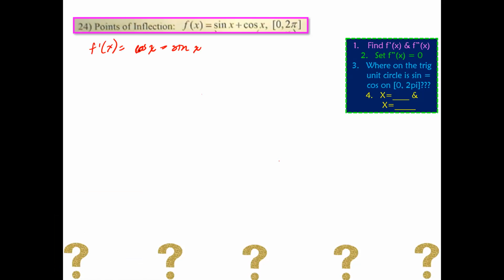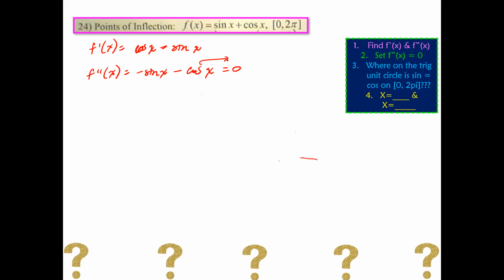If you were going to find the maximum, you would set it equal to 0, but we're finding the concavity, so I'm going to do the second derivative. The derivative of cosine is negative sine x. The derivative of sine is a positive cosine, but there's still a negative, so negative cosine x. Now, your goal is to find x, so I'm going to set this equal to 0.